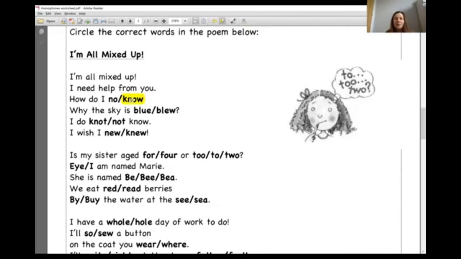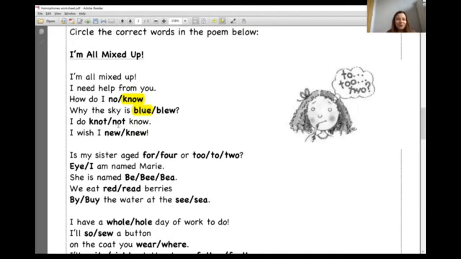So which one is the correct spelling for blue sky? It's not this one, it's this one. Well done if you said that. I do not know. So not is when you do your shoelaces, sometimes you don't do it properly. You can have a knot and it'll be hard to undo. So it's not. Okay, I do not know.